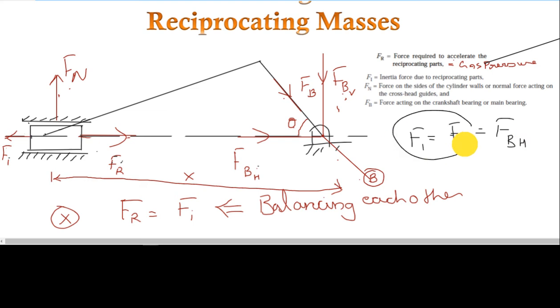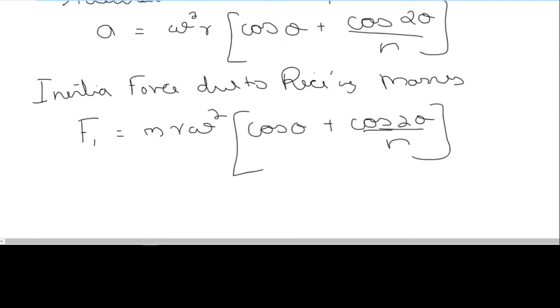And we have taken out this, so this is balanced, and we are left with this unbalanced force. Since now we know the magnitude of Fi, we can equate it to FBH, which is our unbalanced force.